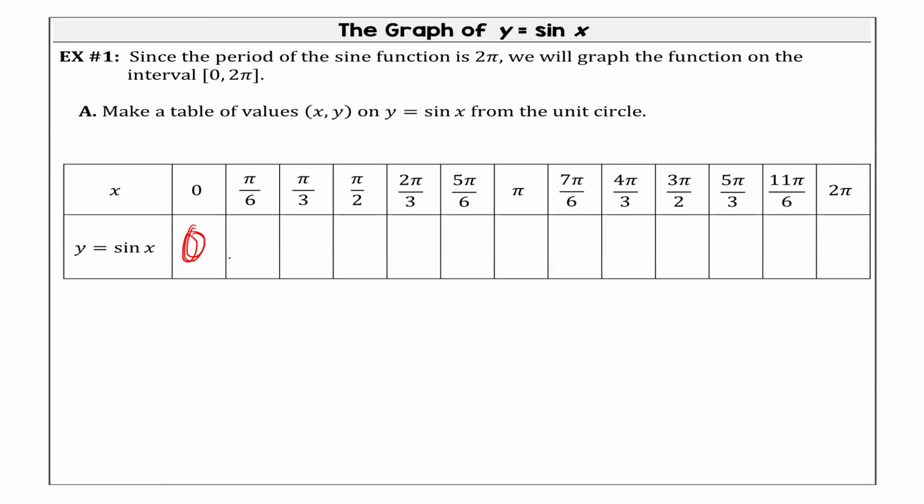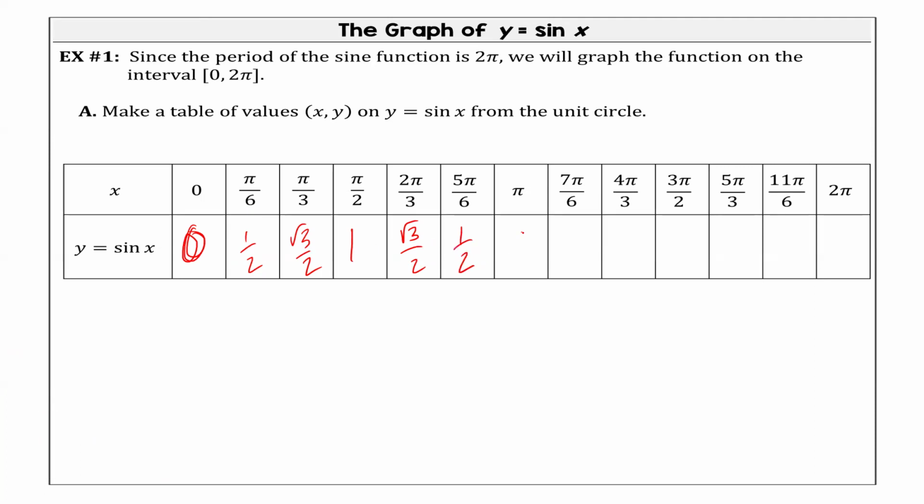There we go. Sine of pi over 6 is 1/2. Sine of pi over 3, square root of 3 over 2. Sine of pi over 2, it's 1. Sine of 2 pi over 3. Sine of 5 pi over 6.